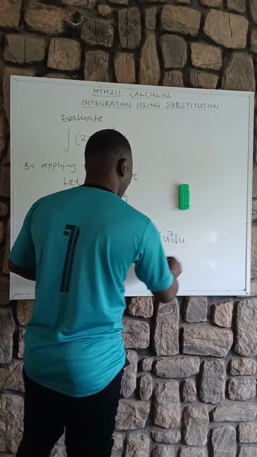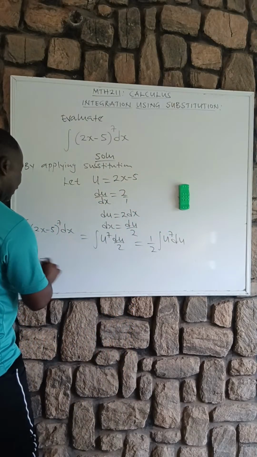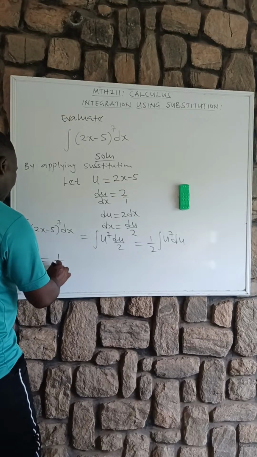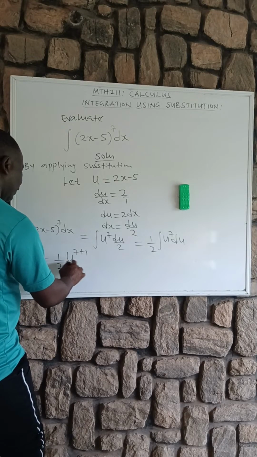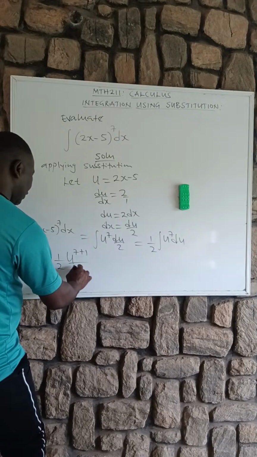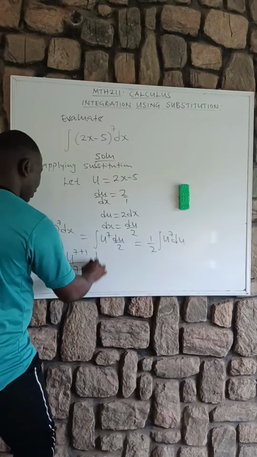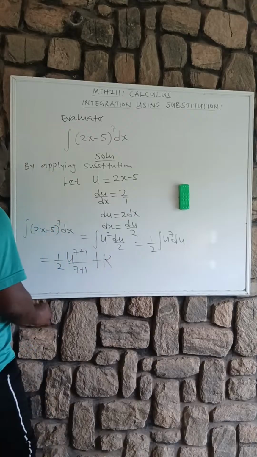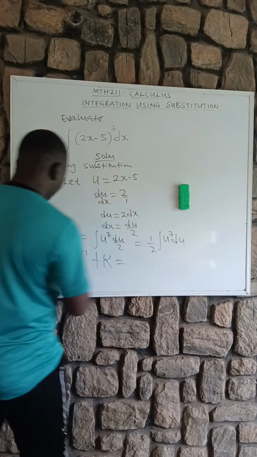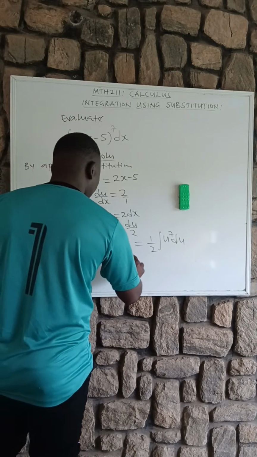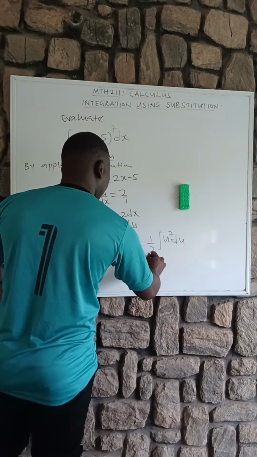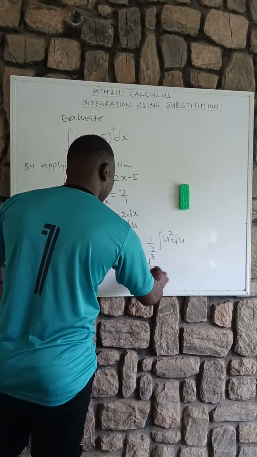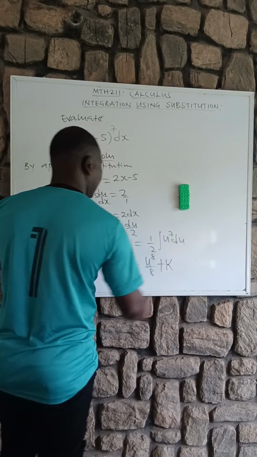7 du. So when you integrate this, we are going to have 1 all over 2 times u raised to the power of 7 plus 1 all over 7 plus 1, plus any constant. So this is equal to 1 all over 2 times u raised to the power of 8 all over 8 plus a constant.